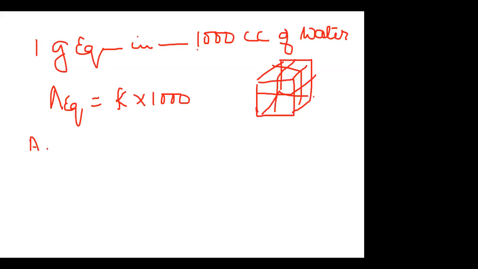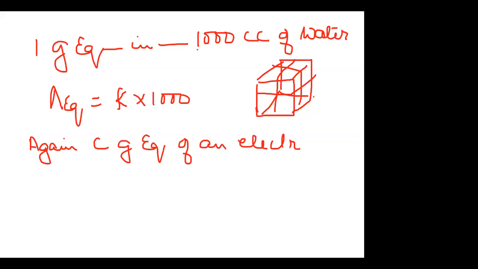Again, if we take C gram equivalent of an electrolyte in, let us say, 1 liter of solution or 1000 cc of solution, in this case, how will the formula change? To understand this, you have to first use the unitary method to find out the equivalent conductance, which is defined as the conductance offered by 1 gram equivalent of an electrolyte.